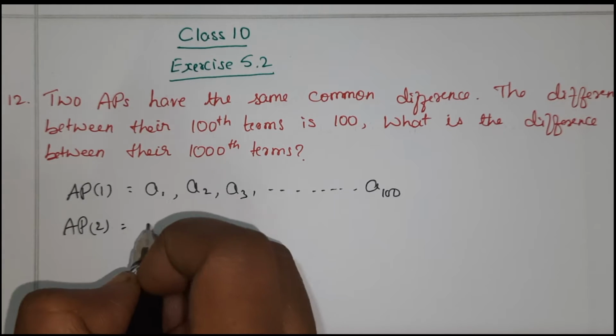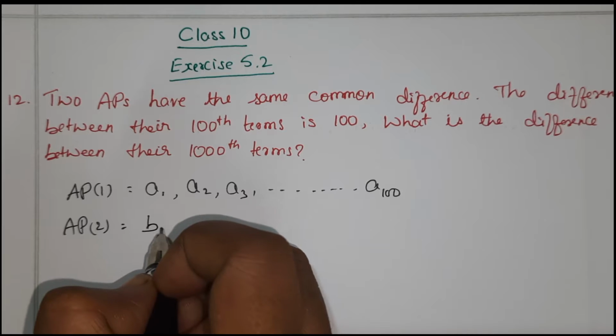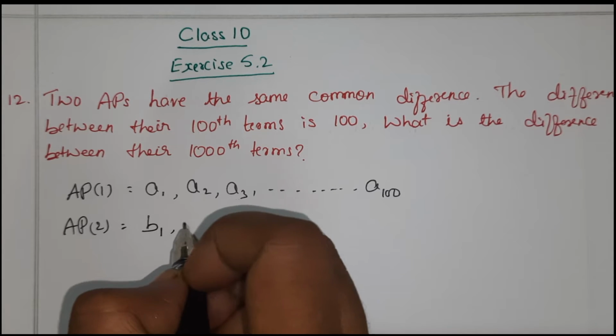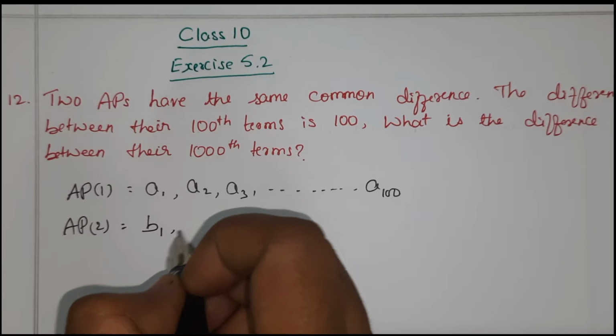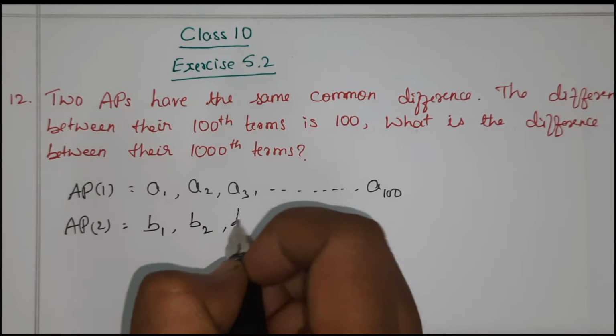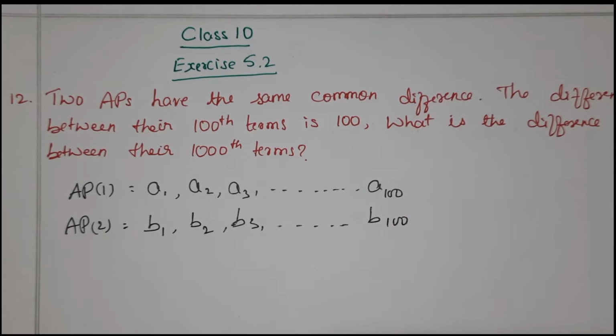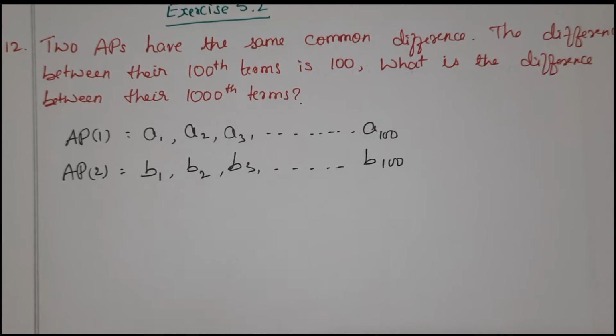For the second AP, we can use any other letter to differentiate both APs: B1, B2, B3 till B100.